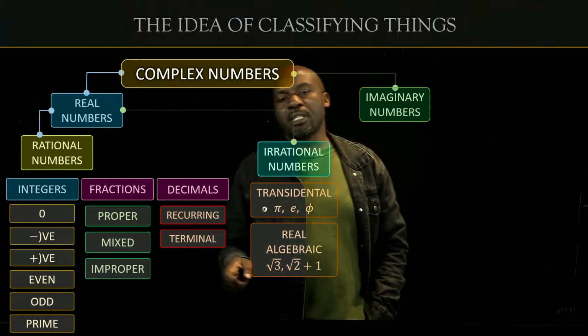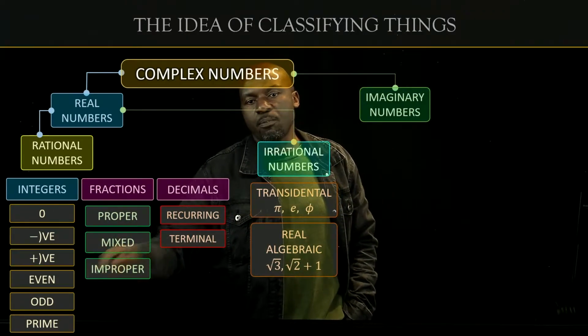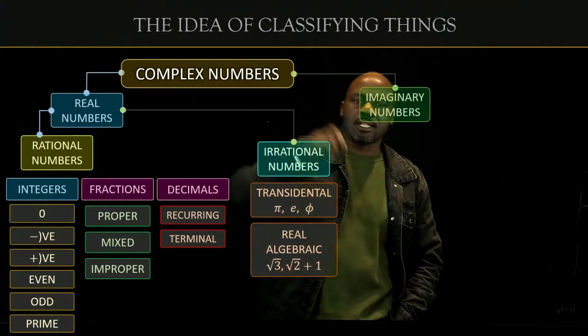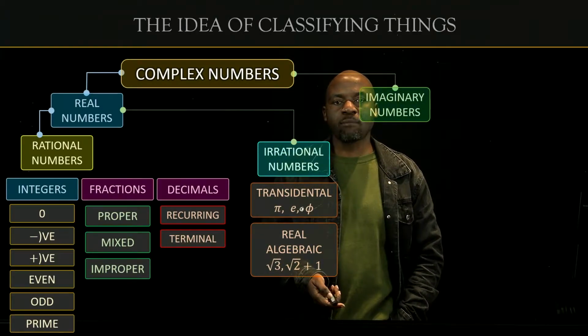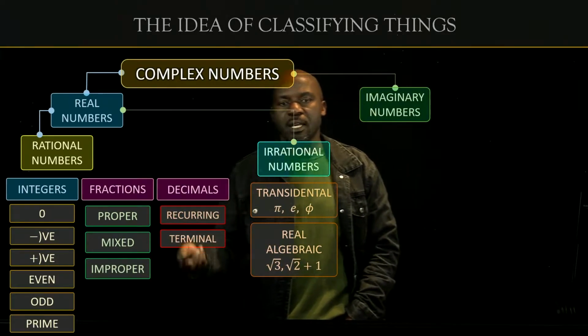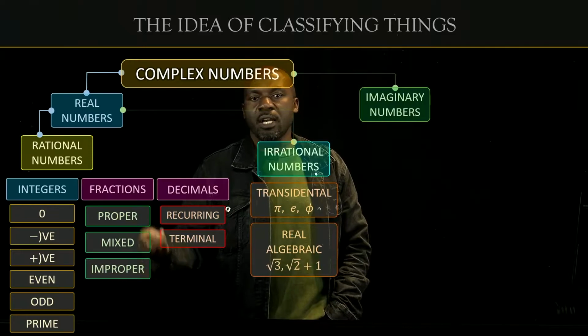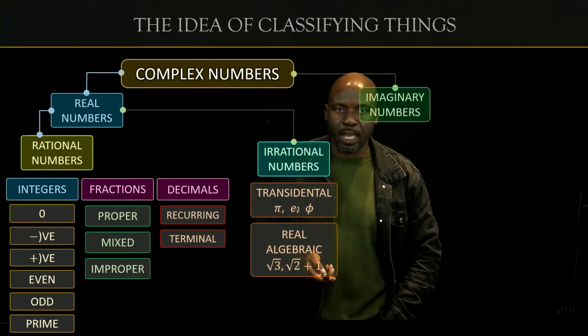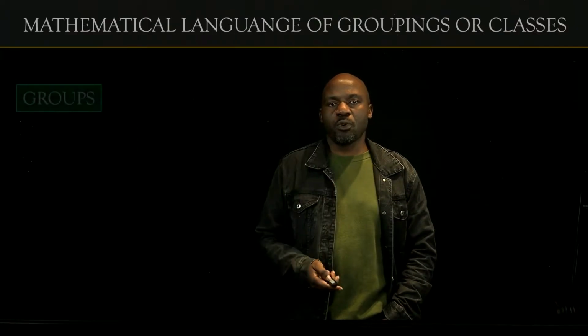Or a particular property that this group of numbers will have that the other numbers may not have, okay? If we say fractions are improper, there must be a way in which they look that other types of fraction do not look like, all right? So this is what we do with the numbers.